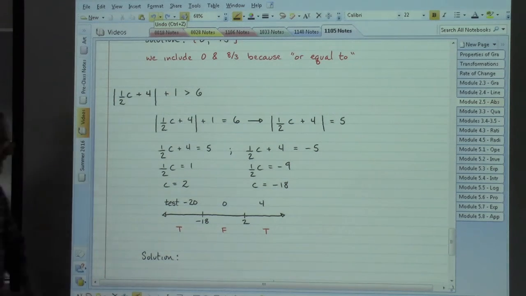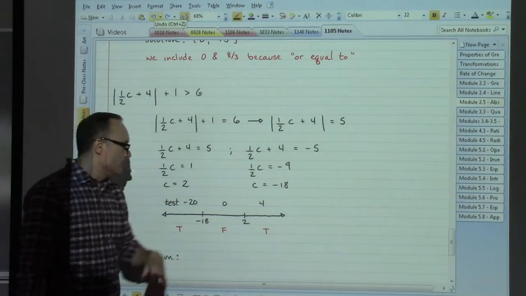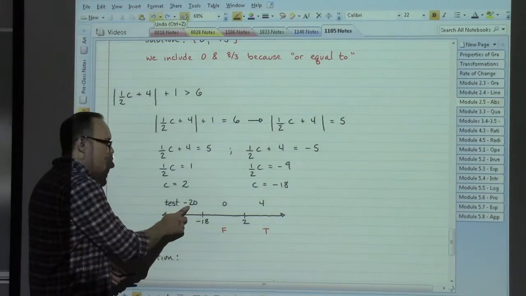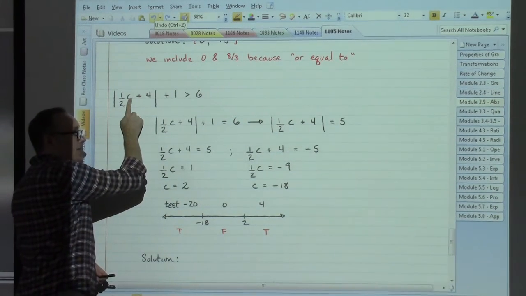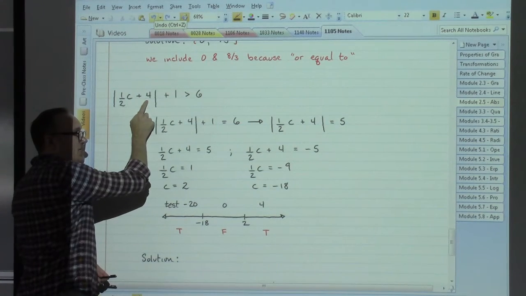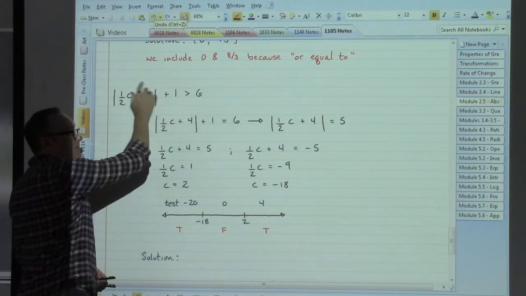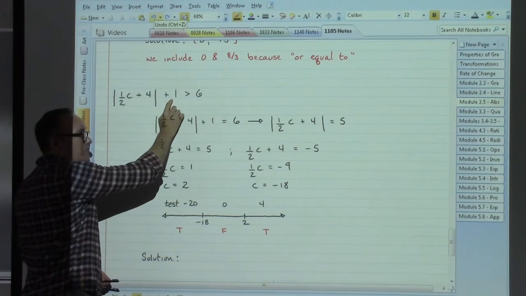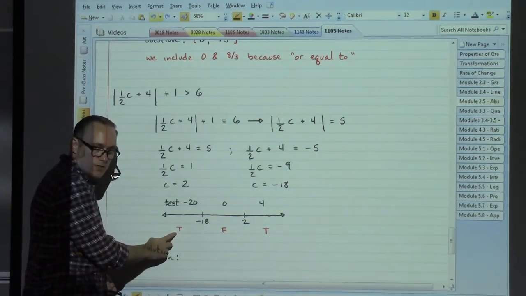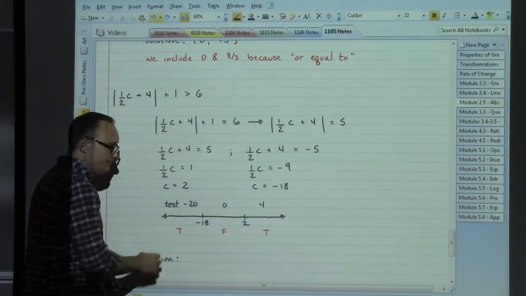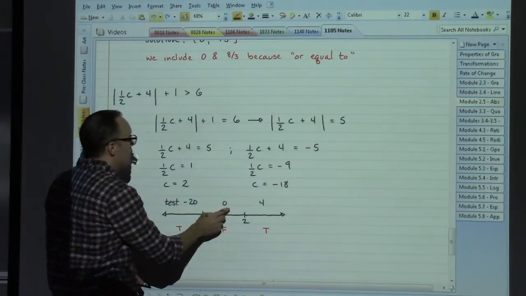Now, rather than just saying, here's the stuff, true, false, true, let me just talk it out, right? Negative 20 times 1/2 is negative 10. Plus 4 is negative 6. The absolute value of negative 6 is positive 6. Plus 1 is 7. 7 greater than 6. True or false? 7 is greater than 6. That's true.